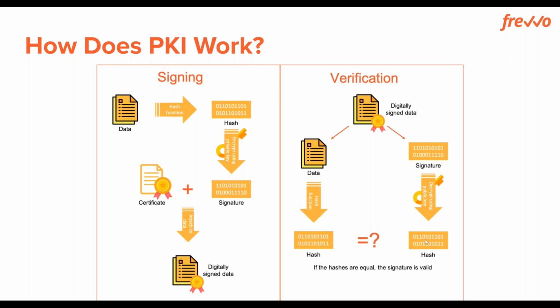If those two hashes match, then you know that the signature is valid. If any data had been changed, remember, the hash function would have generated a different hash, and it would then no longer match. So that's how this technology in the background is validating our signatures.